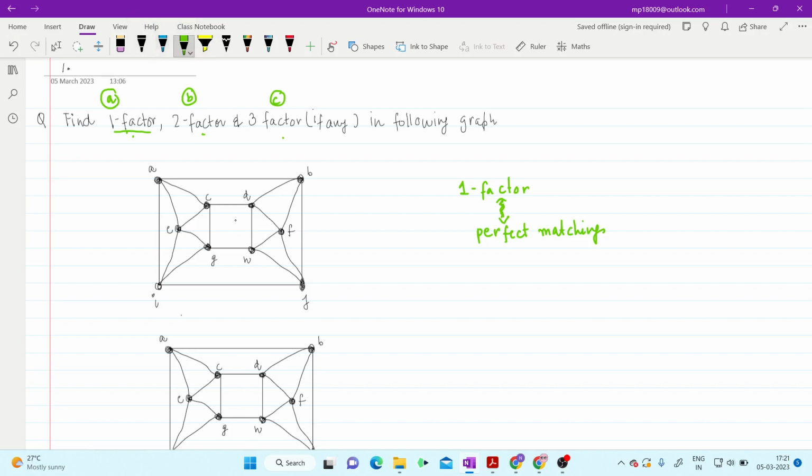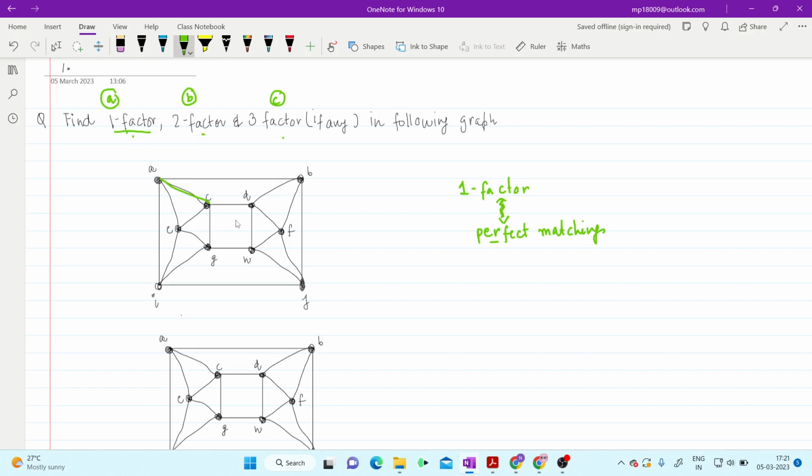AC, BG, CG. If you want to find a perfect matching, each vertex should be adjacent to at most one chosen edge. So now you have chosen your edge AC, so you can't choose CG, right?